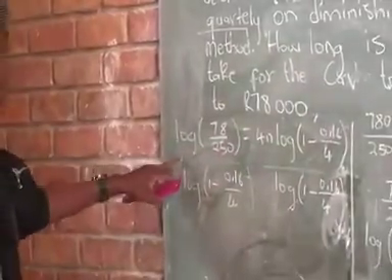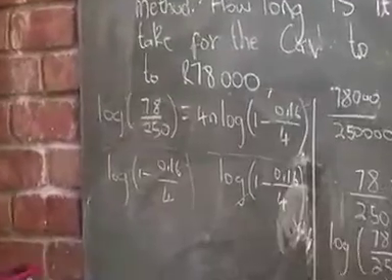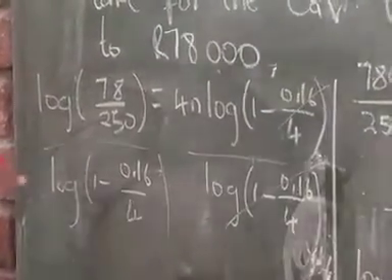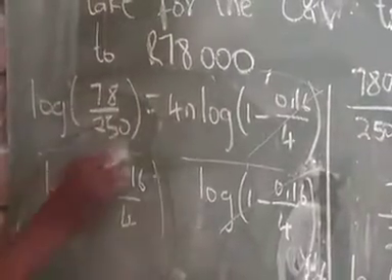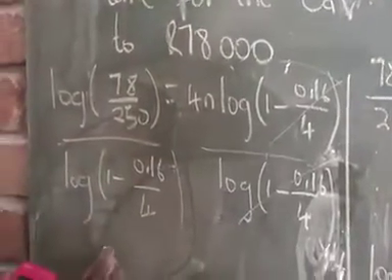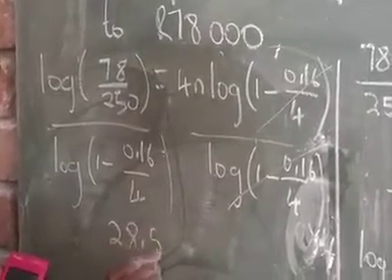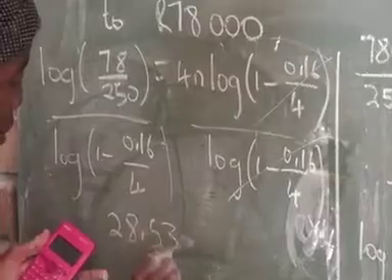When plugging this into my calculator, let me quickly do it so that I can see the final answer. The answer that I got after plugging this whole thing into my calculator is 28.5. Here you must keep all the exponents.